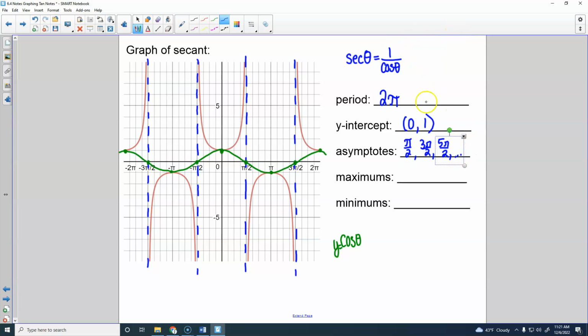And those are vertical asymptotes when cosine of theta equals 0. Think about on this graph right here. There's where cosine equals 0. You have an asymptote, right? Right here, cosine equals 0, asymptote. Cosine equals 0 here, asymptote. And we're not worried about those maximums and minimums. I'm not going to ask you.